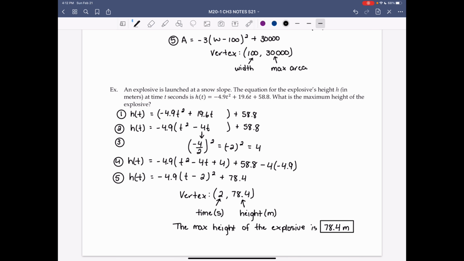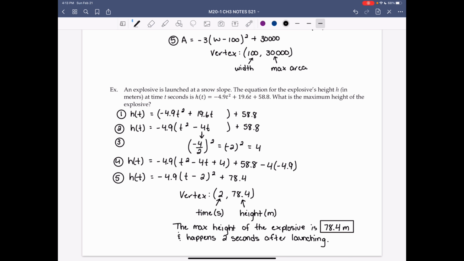We could also say at what time the max height is. And that happens 2 seconds after launching.